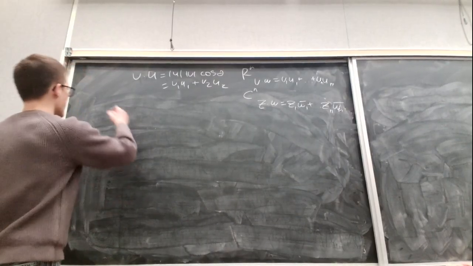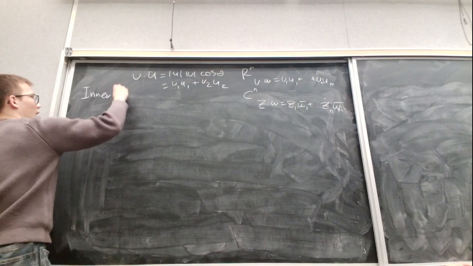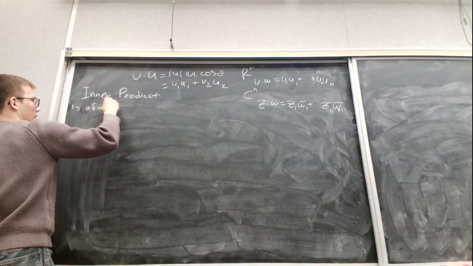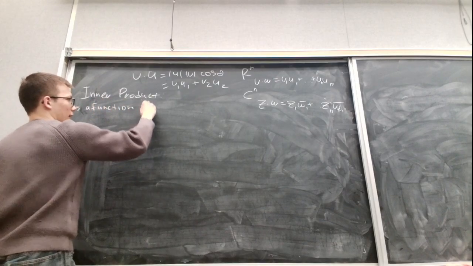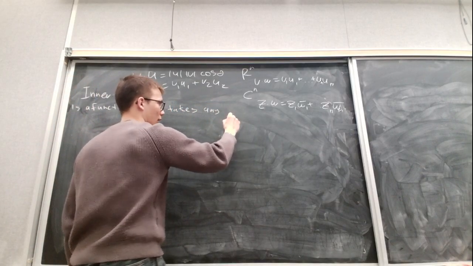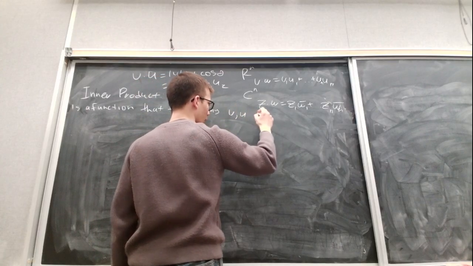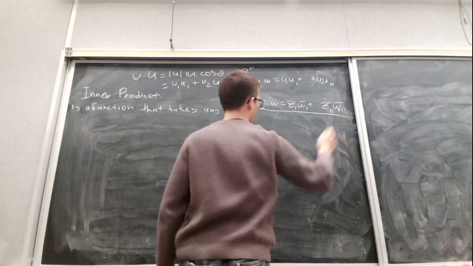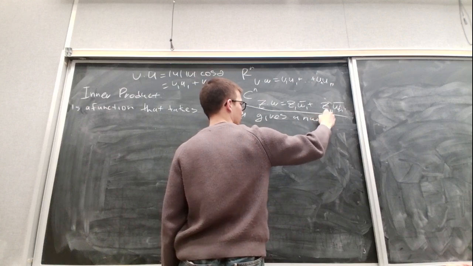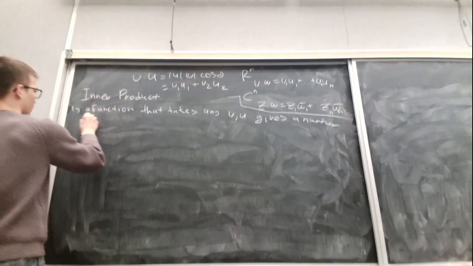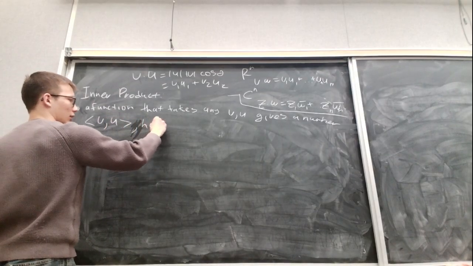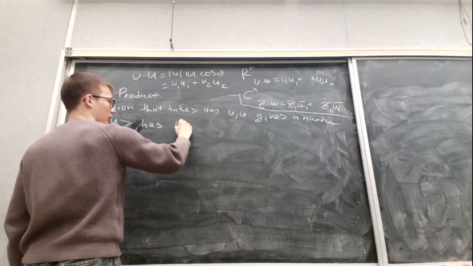So an inner product is a function that takes any vectors v and u and gives a number, and we denote it as follows. It must satisfy the following properties.